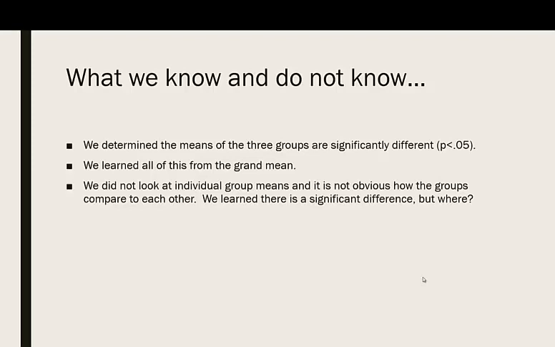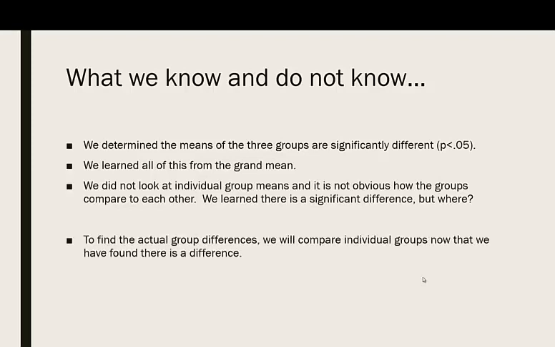And it is not obvious how the groups compare to each other. So we learned there's a difference, but we're not sure where that difference is. So to find this actual difference, what we're going to do now is compare individual groups and see if we can locate where this difference lies. And it may be in one spot only, it may be in multiple spots.